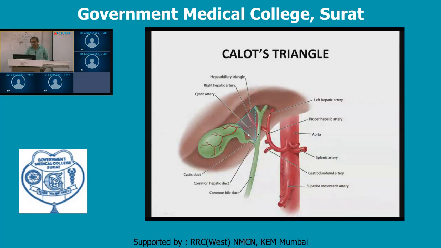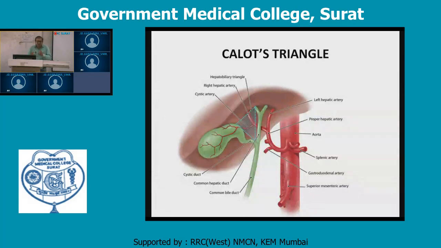So cystic duct infralaterally, under surface of the liver supralaterally, and common hepatic duct over the medial side. This triangle, known as the Kellogg's triangle, is encountered during the surgery of the gallbladder.